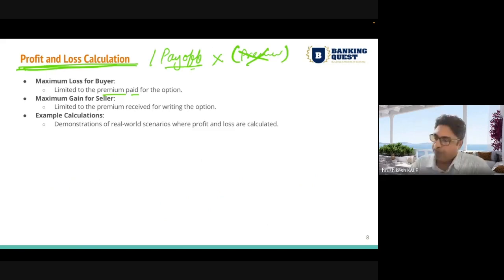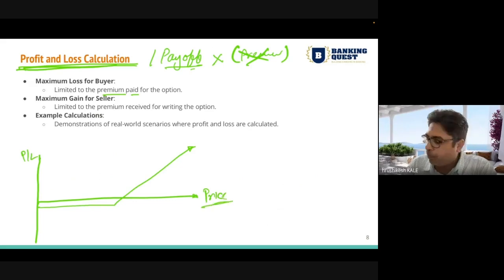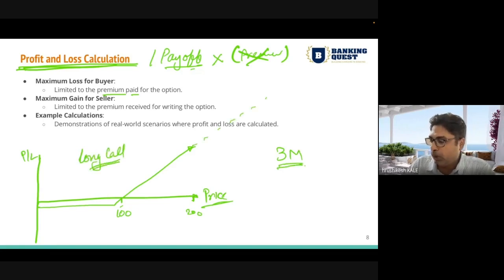Now, let us look at this example. Let's say this is 100 and this is 200. In the next 3 months, this is a long call. In the next 3 months, this price might go up to 1,000, 10,000, 1 lakh. You don't know.